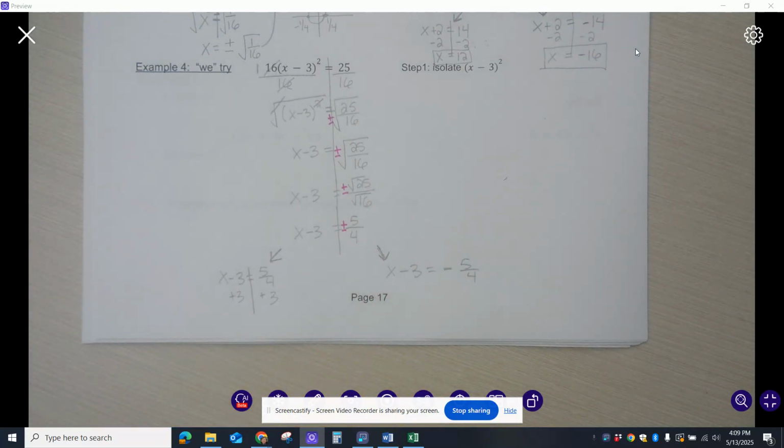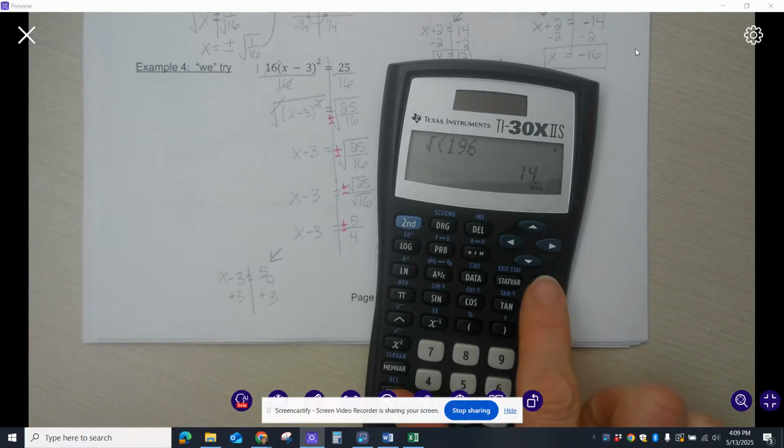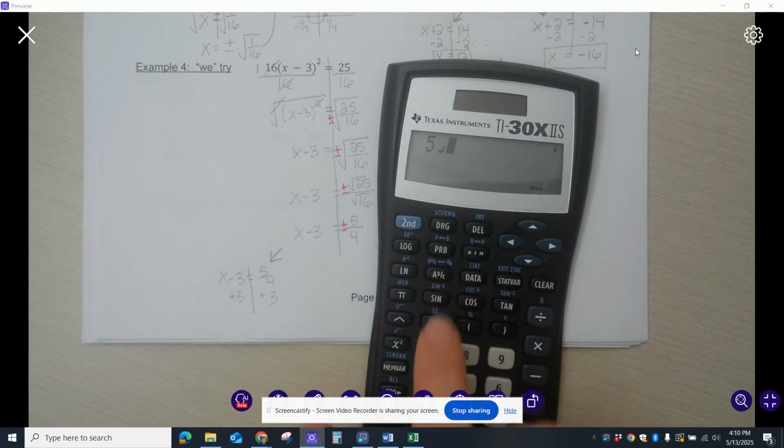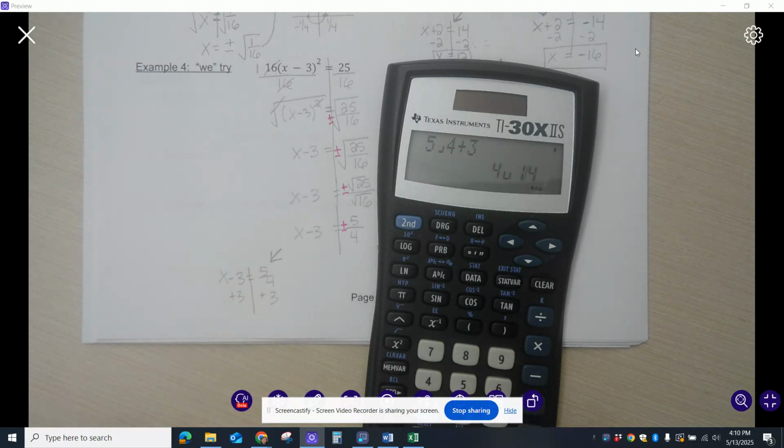I'm thinking for this one, if you want to put this in your calculator, you can do that. So this would be 5 ABC 4 plus 3. So 5/4 plus 3, and I get 4 1/4.